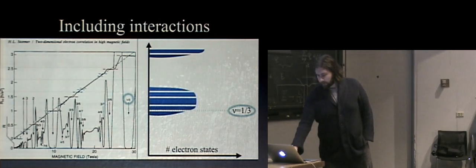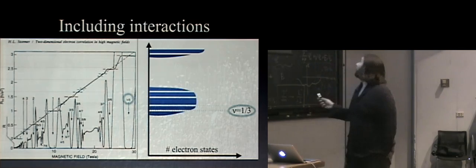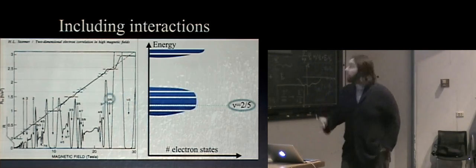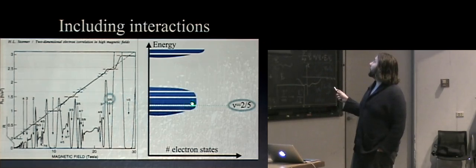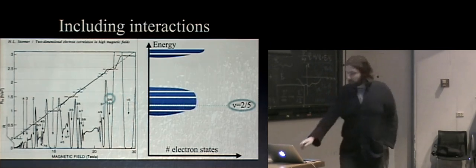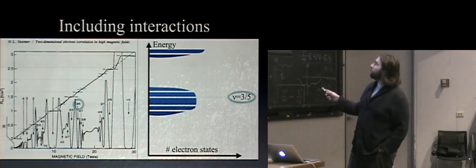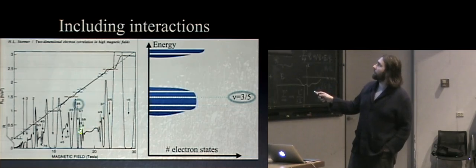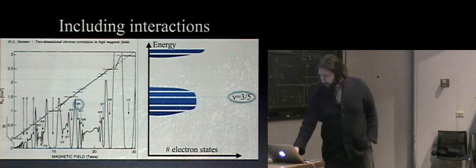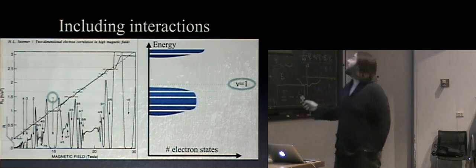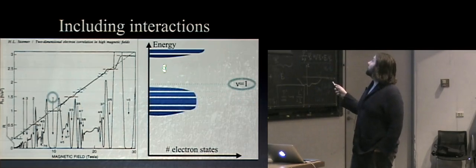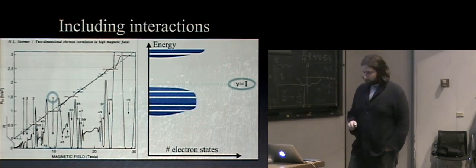And then if I had just enough to fill up this next chunk, I get this 2/3 plateau, and then skipping over a whole bunch, because I can't draw a fractal in here, right? I mean, there are lots and lots and lots of subdivisions of this. If I have just enough to fill up to this opening, I get this 3/5 plateau, the 2/3, and then I'm back up here in this nice plateau where there's a big window.